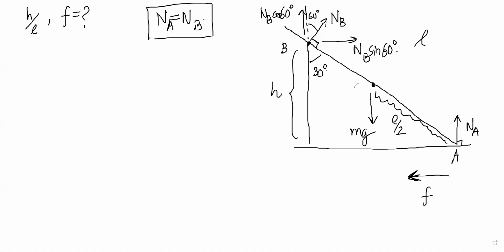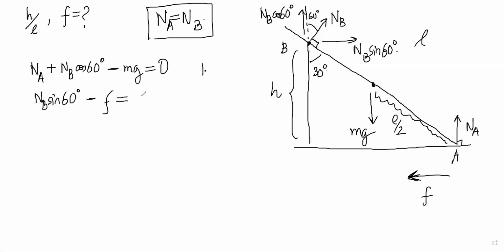And we should say that the force equations will be the total vertical force is NA plus NB cos 60 minus mg is equal to 0. This is equation 1. The horizontal equation is NB sin 60 minus friction is equal to 0.